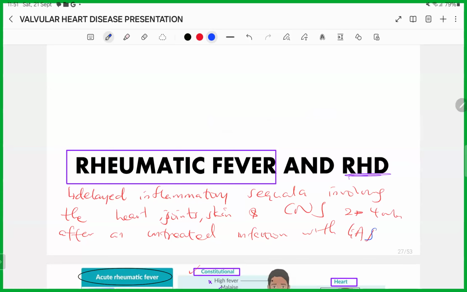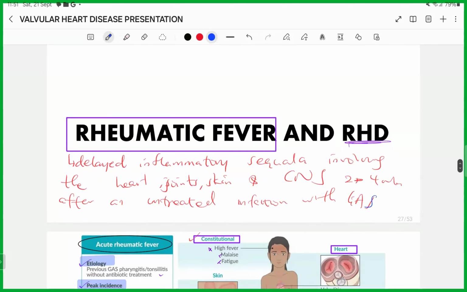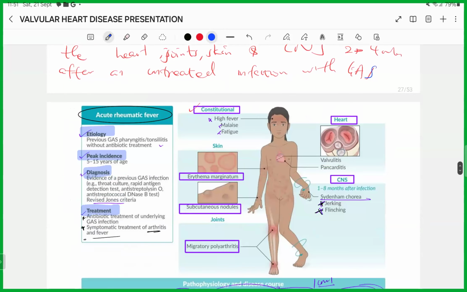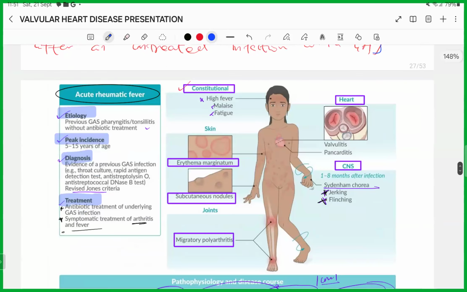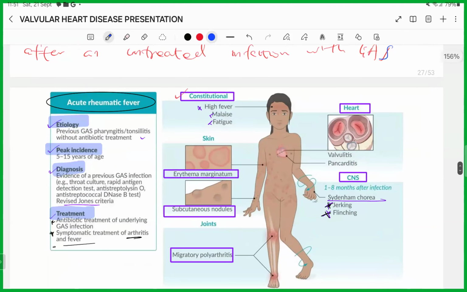So it's an inflammatory condition which comes as a consequence of group A streptococcal infection, and it's delayed. It comes like 2 to 4 weeks later, and this infection is most commonly tonsillitis or pharyngitis, and when it's not treated, it leads to this complication.